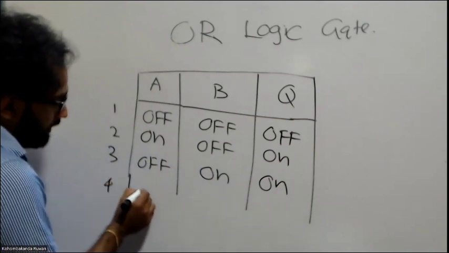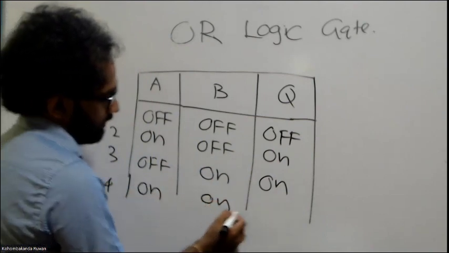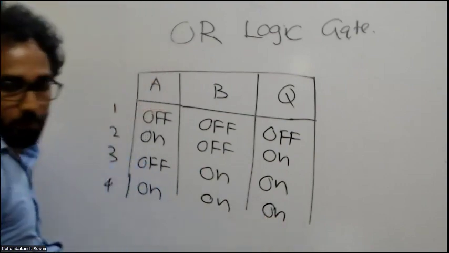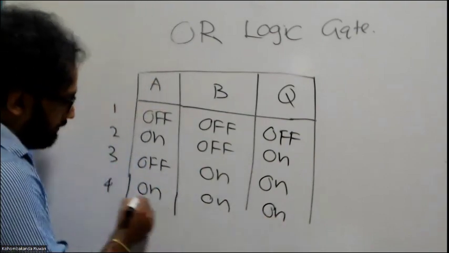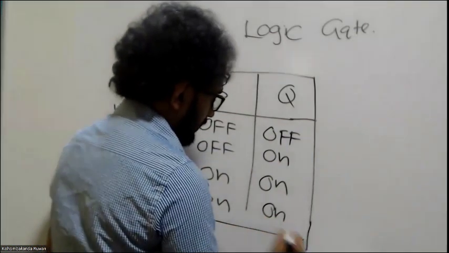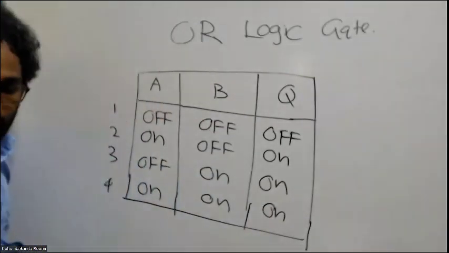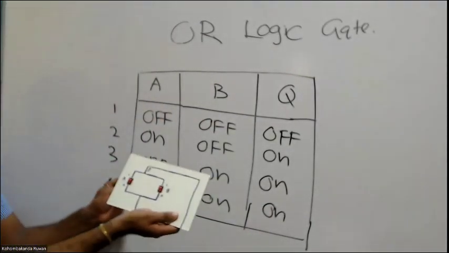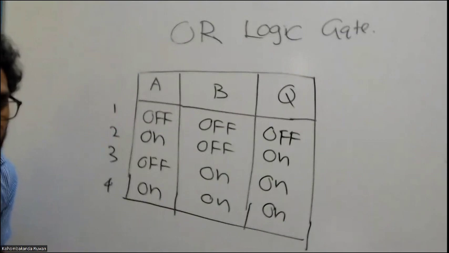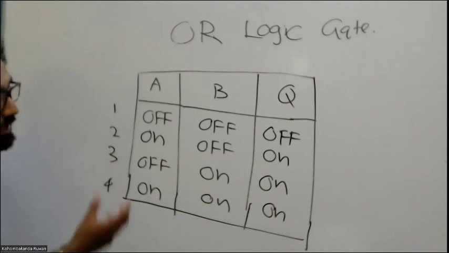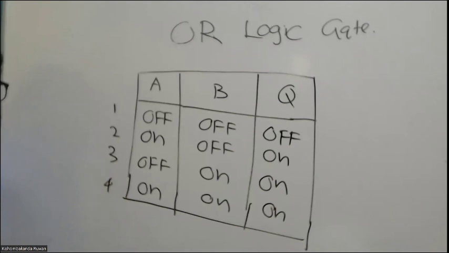Final state, on. This is the nature of the bulb of the electronic circuit for the OR logic gate.